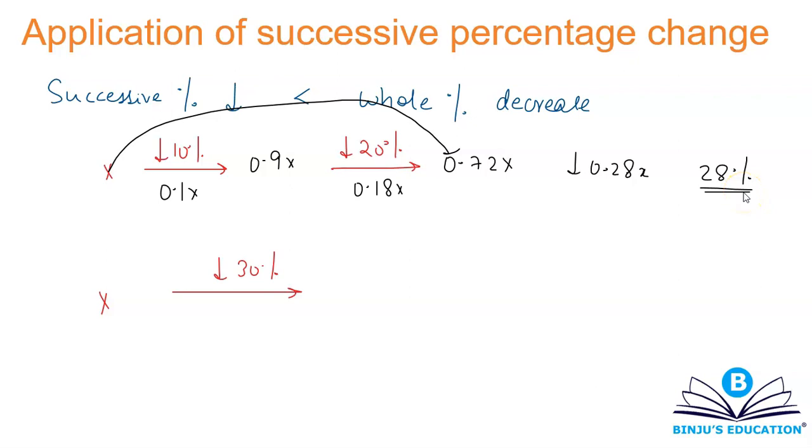So your overall decrease is 28%. However, when you're decreasing it in one go by 30%, you're simply decreasing it by 30%. So successive percentage decrease is always less than whole percentage decrease. To summarize, successive percent increase is always greater than whole percent increase, and successive percent decrease is always less than whole percent decrease.